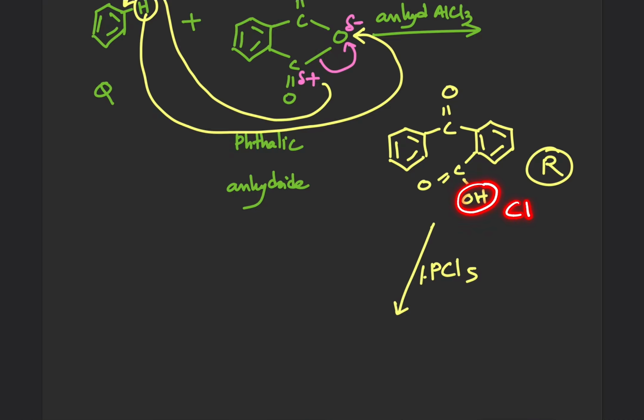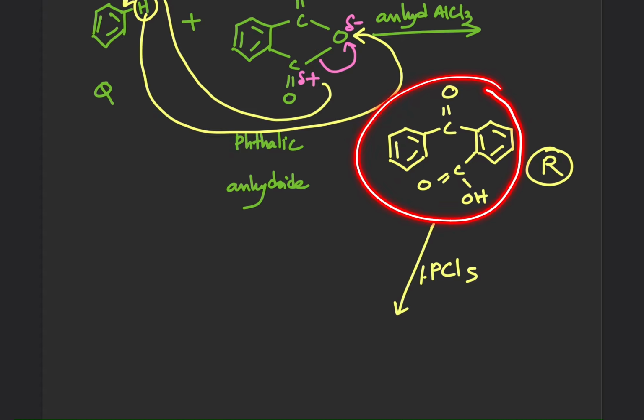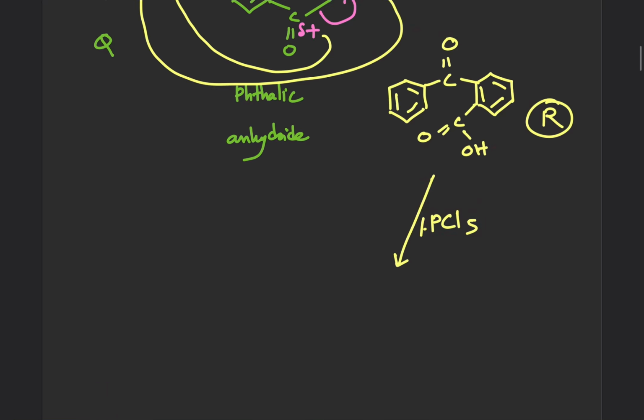Okay, so therefore with respect to reaction, this compound in the presence of PCl5 will give me benzene ring C double bond O, another benzene ring which is connected to C double bond O and Cl.